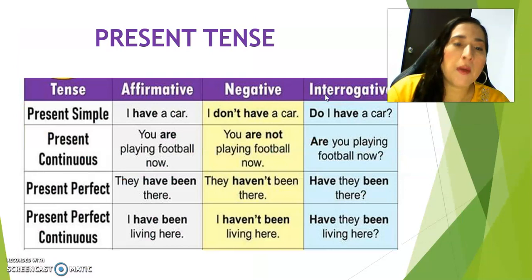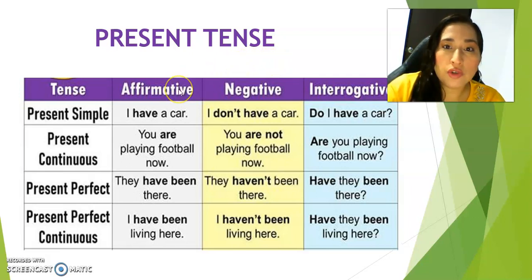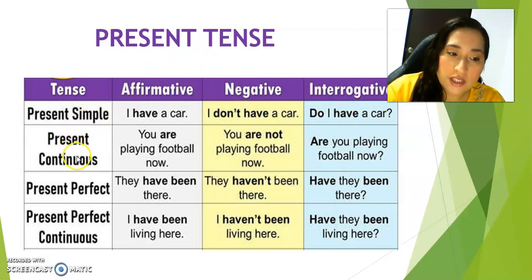Okay? Present tense. When we talk about present tense, we can analyze the structure in affirmative, in negative, and interrogative statements. In present tense, we have present simple, present continuous, present perfect, present perfect continuous.